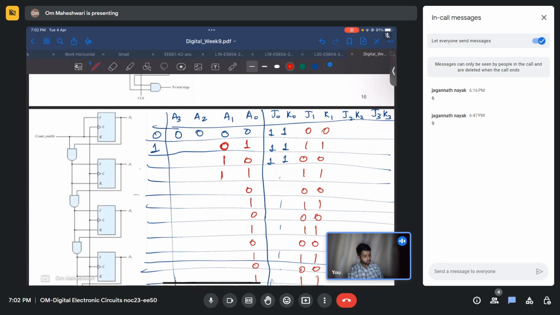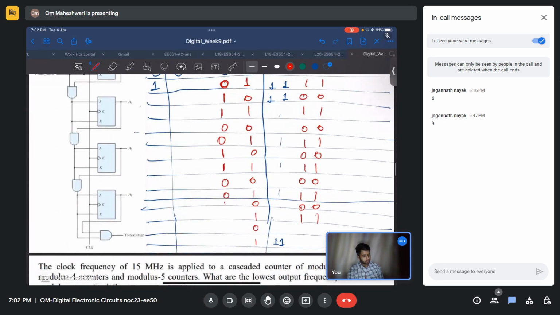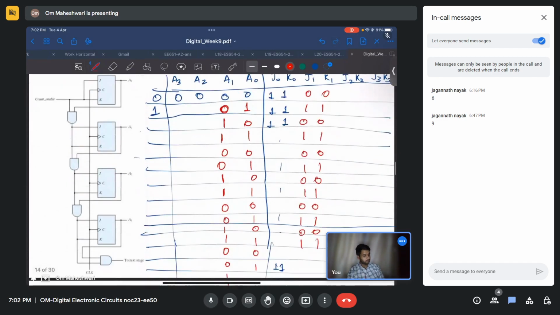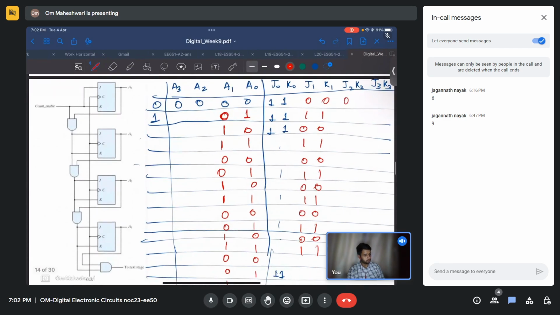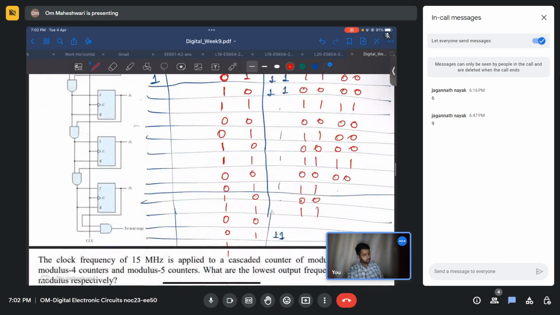So it will hold, flip, 0, 0, 1, 1, like this. J2, K2 is A1 and A0, so it is 0, 0, 0, 1, repeating.